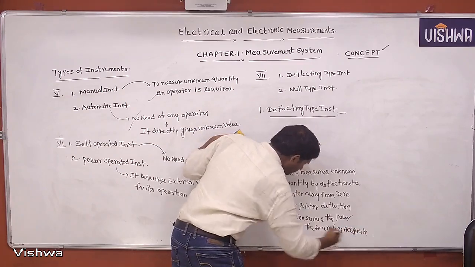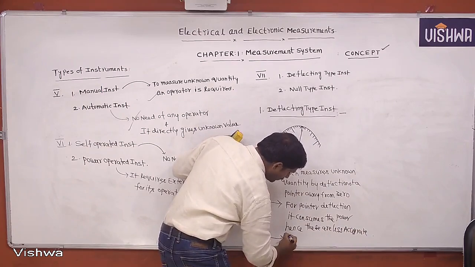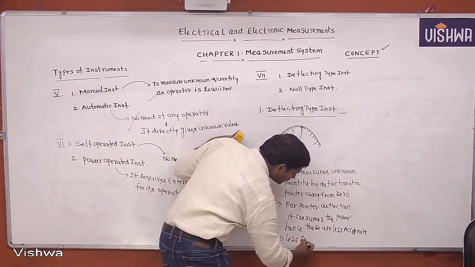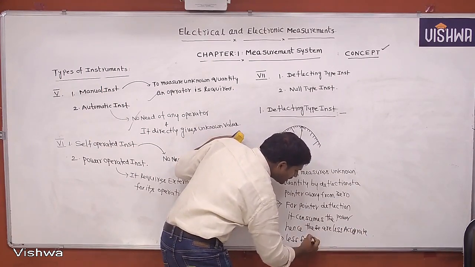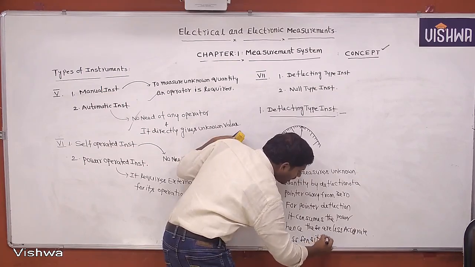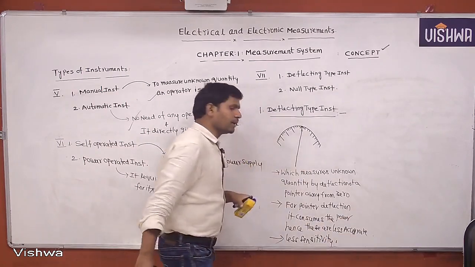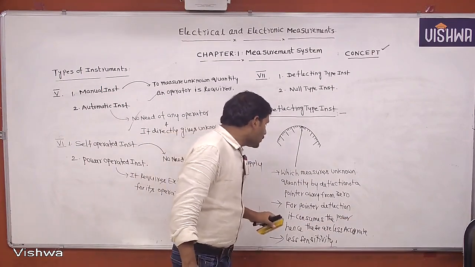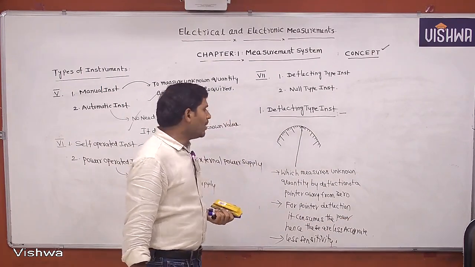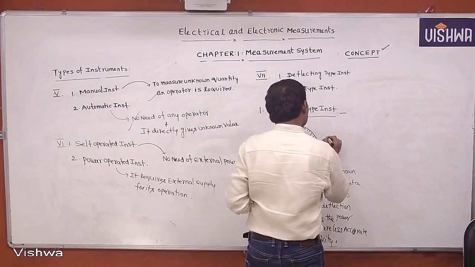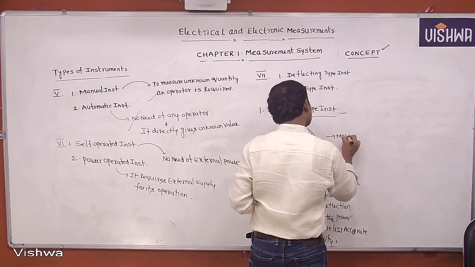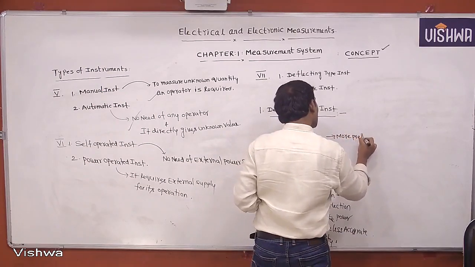One more point. These have less sensitivity. Why are these less sensitive instruments? Because of the inertia of the pointer. Less accurate and less sensitive instruments, but more preferable practically, because of direct reading.